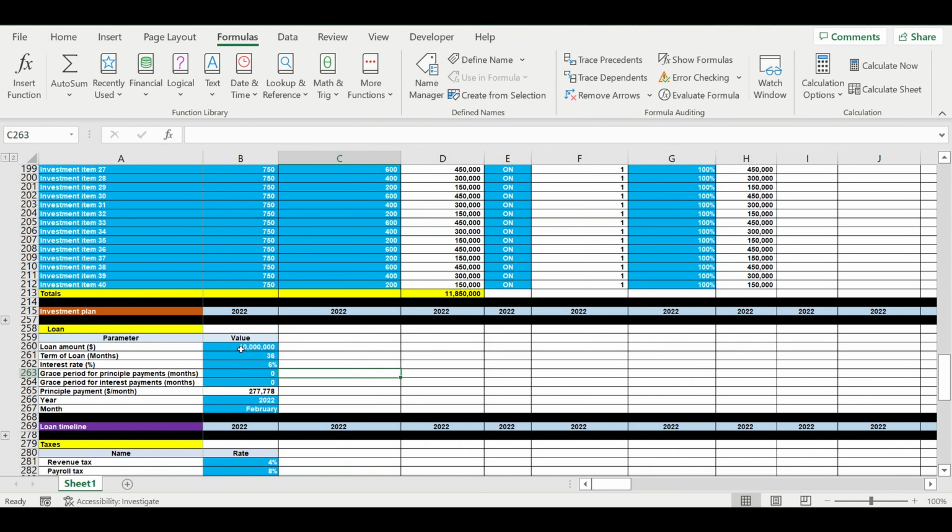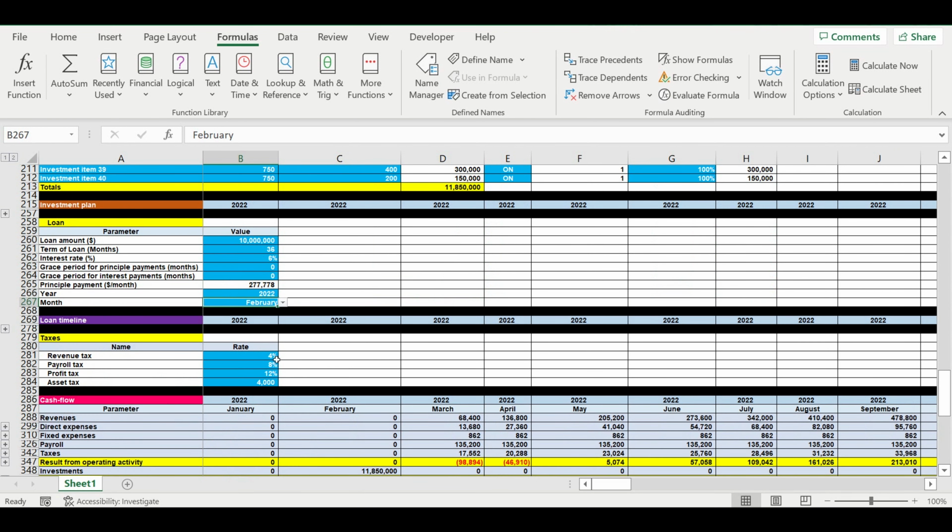And you can specify the amount of the loan that you are getting, what is the term of the loan, what is the interest rate, and if you have any grace periods for principal payments or interest payments, the grace period in months. Then you specify when you get this loan, year, month.